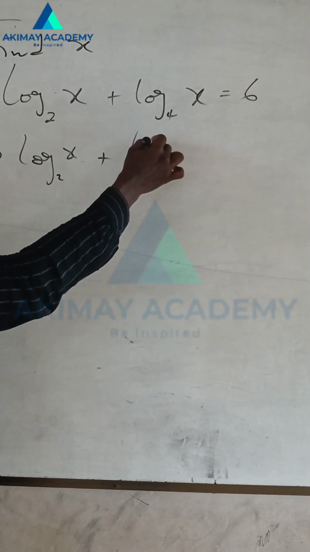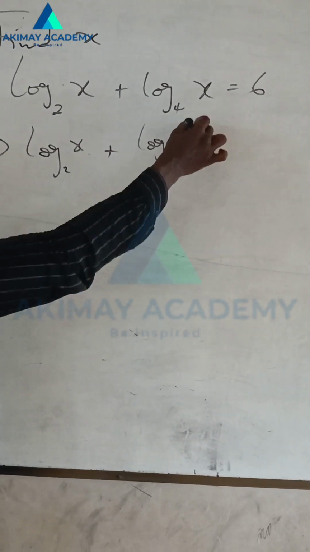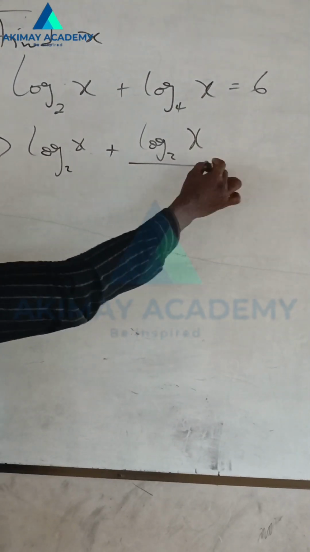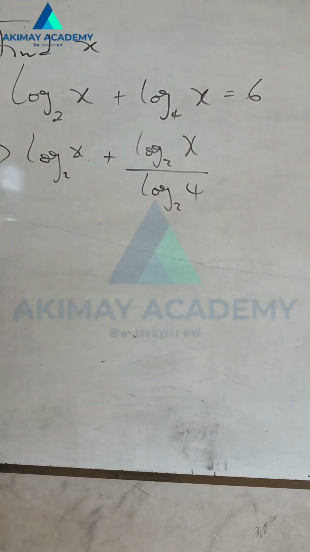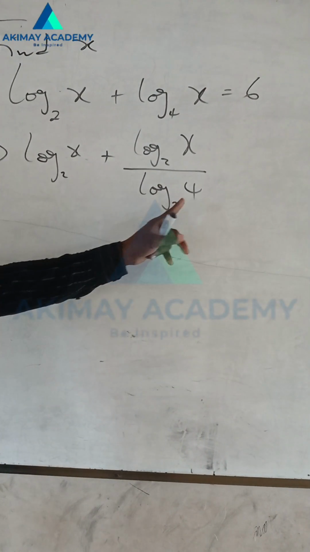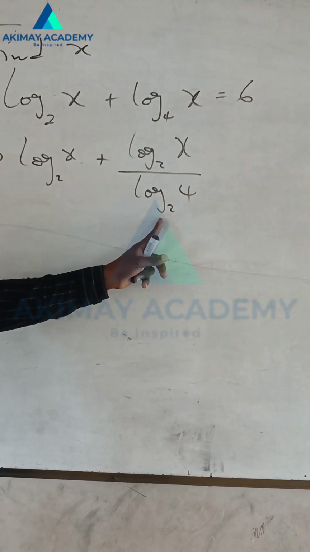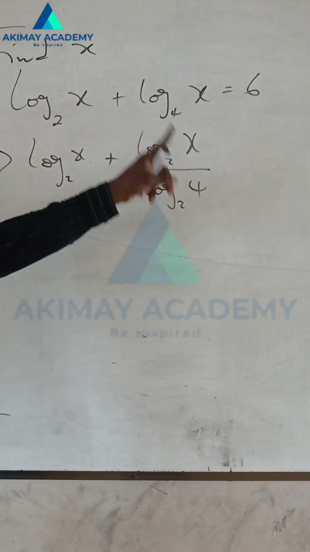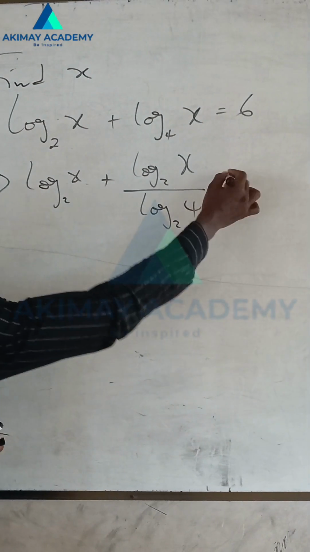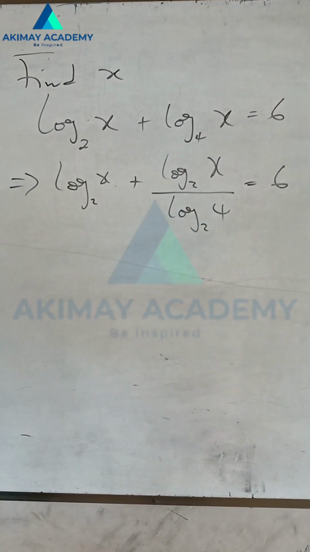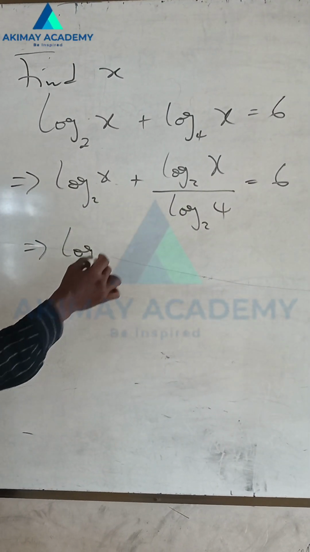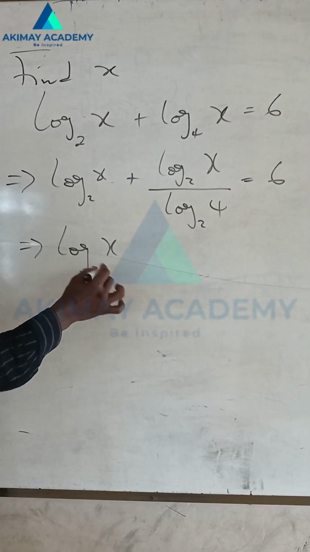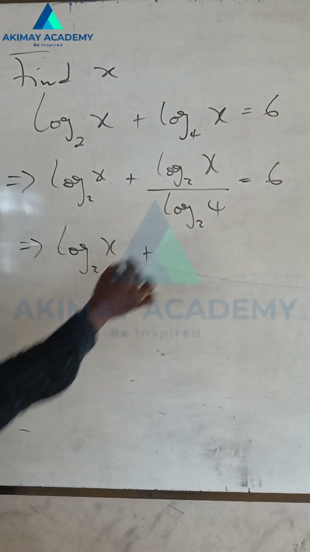So we take log to base 2 x out of log to base 2 4, or log 4 to the base 2. Okay, to change the base. And this equals 6. Okay. So we have log x to the base 2 plus.